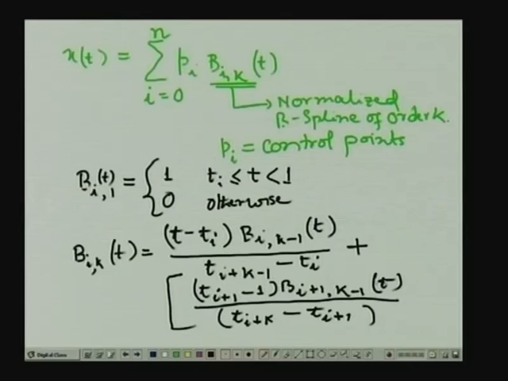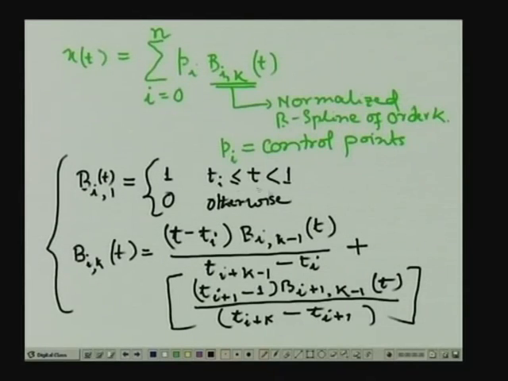So, once we have b I 1 for different values of t, then from this b I 1 we can recursively compute the values of b I k using this relation.